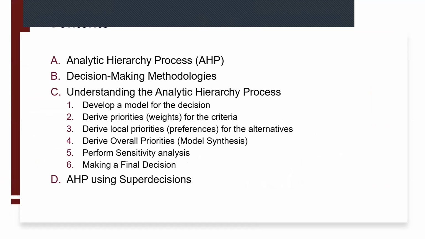Very similar to the presentation posted by Vera, I adapted my presentation on those contents, but tried to change some minor things. The contents are the following: the AHP itself, the need for decision-making methodologies, then understanding the process itself, developing the model, deriving priorities and weights for the criteria, deriving local priorities, then overall priorities or the model synthesis, performing sensitivity analysis, then making the final decision.